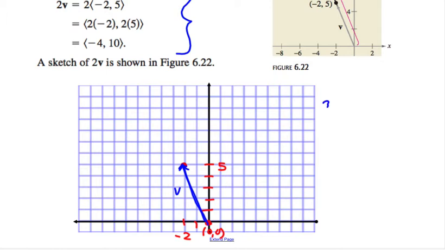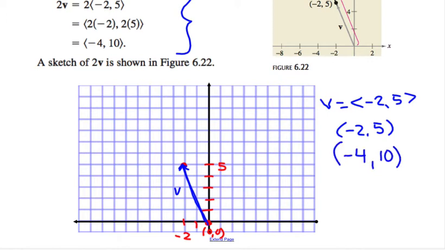Our vector right now is at the ordered pair -2, 5, and we want to double that number. So what's going to happen? It's going to go to -4, and that one's going to go to 10. So we're multiplying it by 2.